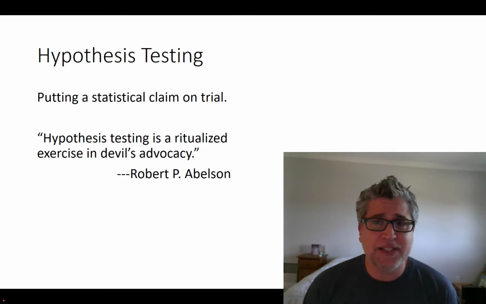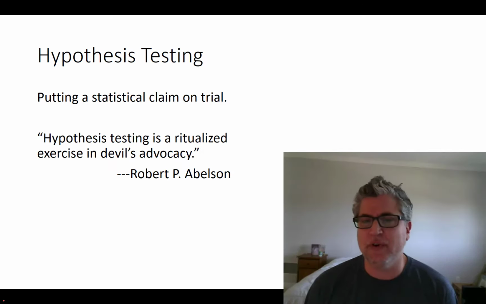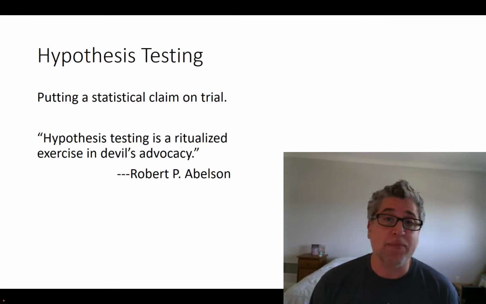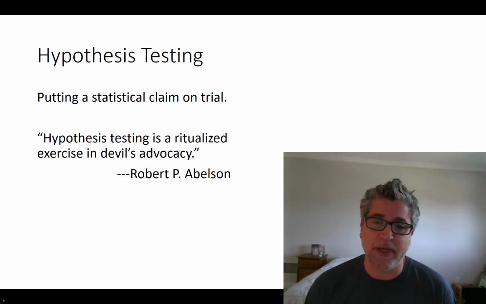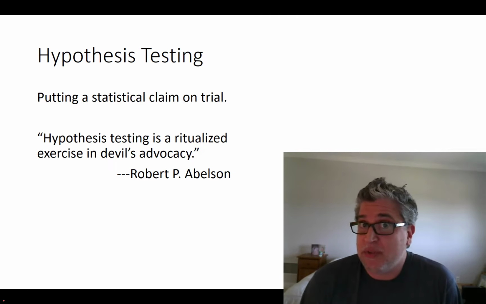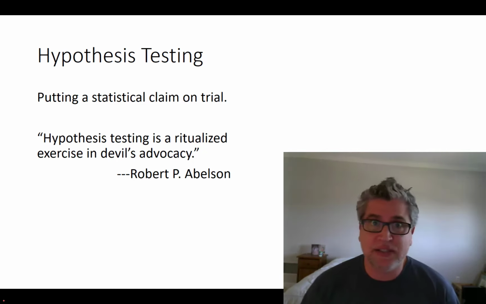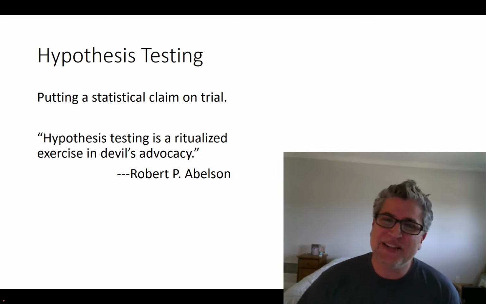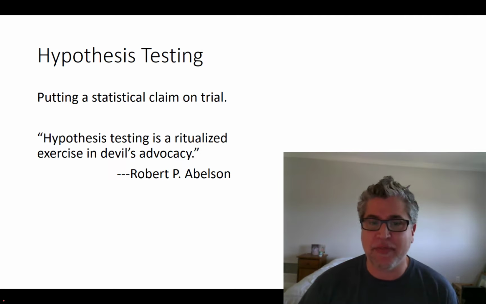And if you happen to get a sample that is way, way different from what somebody is claiming, well, then maybe you should just reject that person's claim. It just doesn't seem to be consistent with the data. The data are what data are. Those are the facts. So you would reject the claim. You wouldn't reject your data, of course. So that's the general big picture of hypothesis testing.